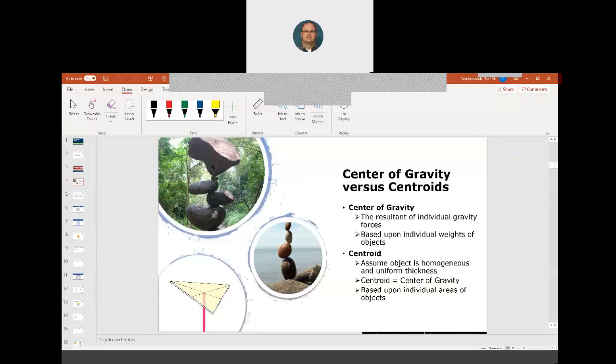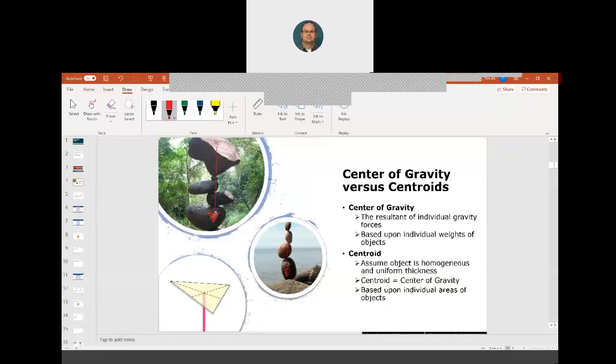If I take a pen here, we find the center of gravity of the weight of each of these objects, and then they're going to balance. The same thing here. It's based on weights. It's where I can put my finger and balance all that.